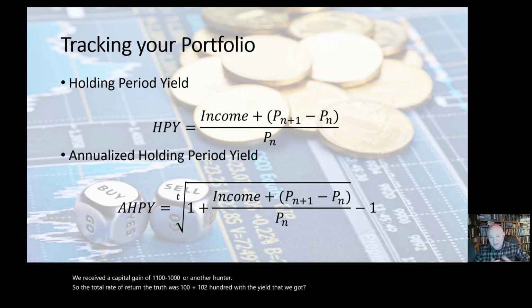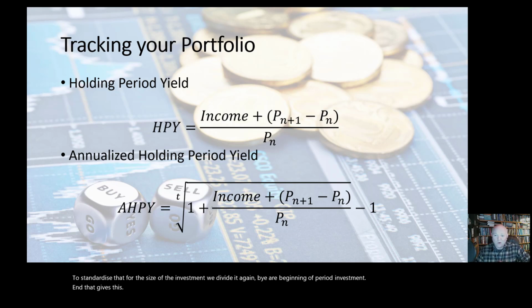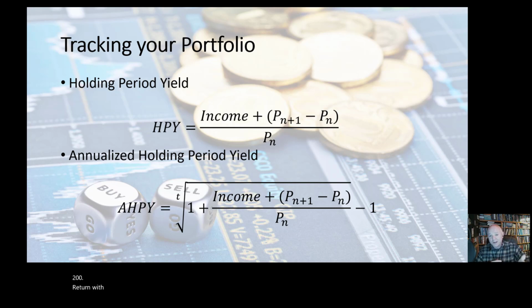To standardize that for the size of the investment, we divide it again by our beginning of period investment, and that gives us the holding period yield as a percent. If our investment was 1,000 and our return was 200, we divide 200 by the 1,000 in our total investment. That gives us a 20% rate of return.